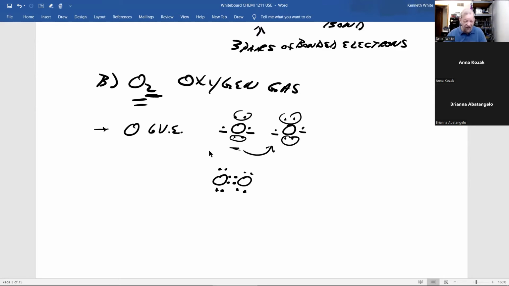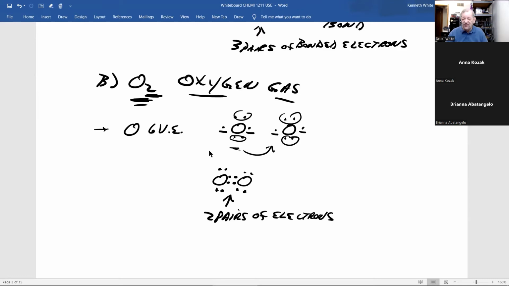What kind of covalent bond exists in the molecule oxygen gas? Well, if you look between the 2 atoms, how many pairs of electrons? Remember, pairs: 2. That's 2 pairs of electrons. Remember, those are valence electrons.